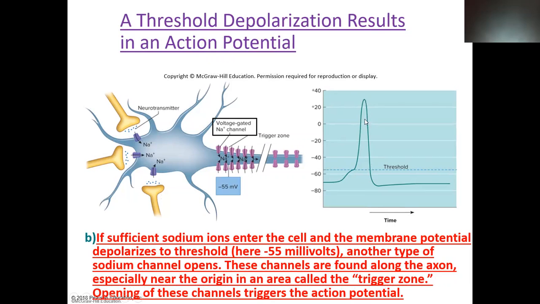So what you see immediately after depolarization, after we tap out at that +30, +40, is repolarization. So over here on this side of your graph, on the downward trajectory, you want to write repolarization. We're going back to being polarized.